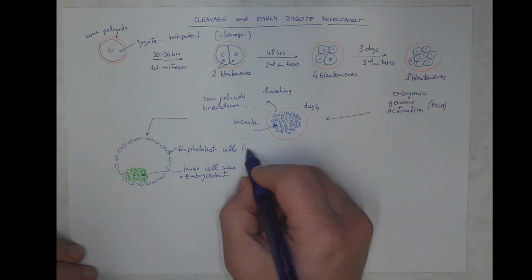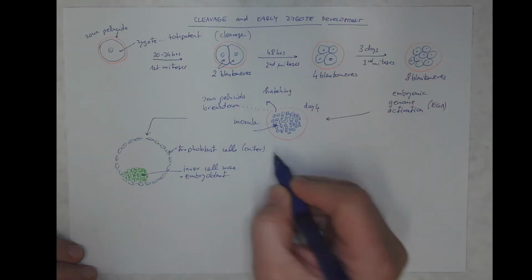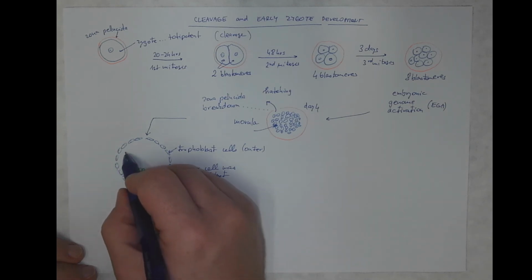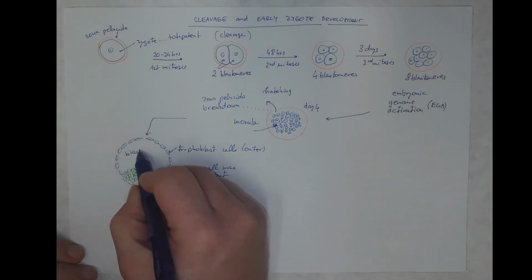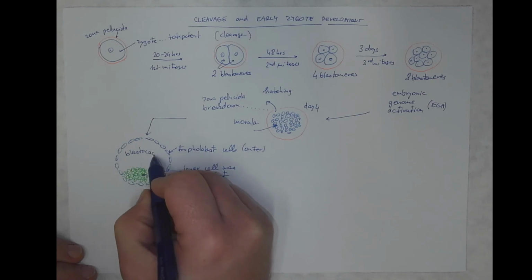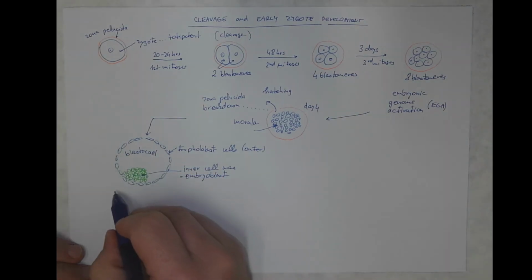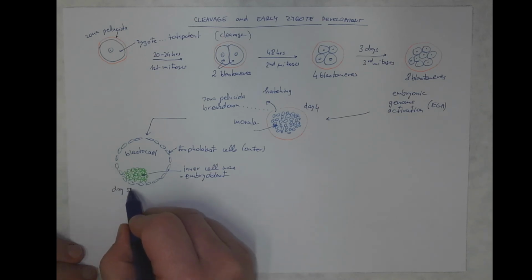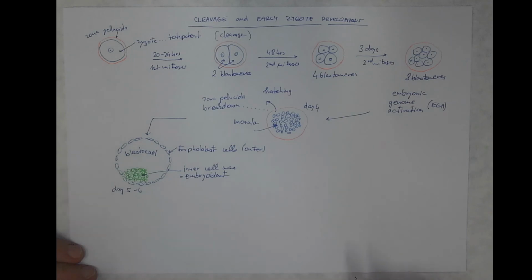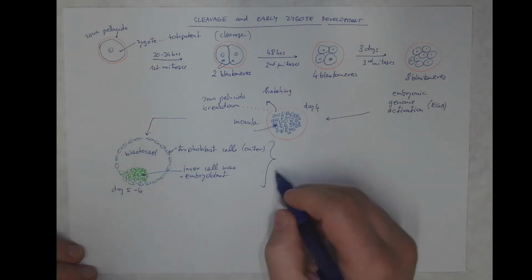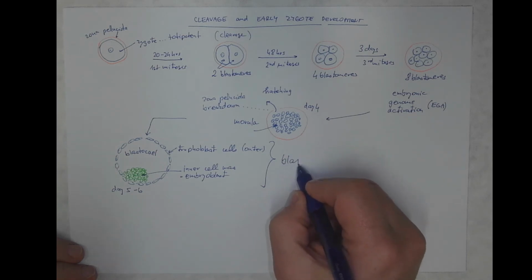So trophoblast is the outer cells. There's a cavity here called blastocoel. This is the spelling, and that's how we look like on day 5 or day 6. Together, there's a hollow object. It's called the blastocyst.